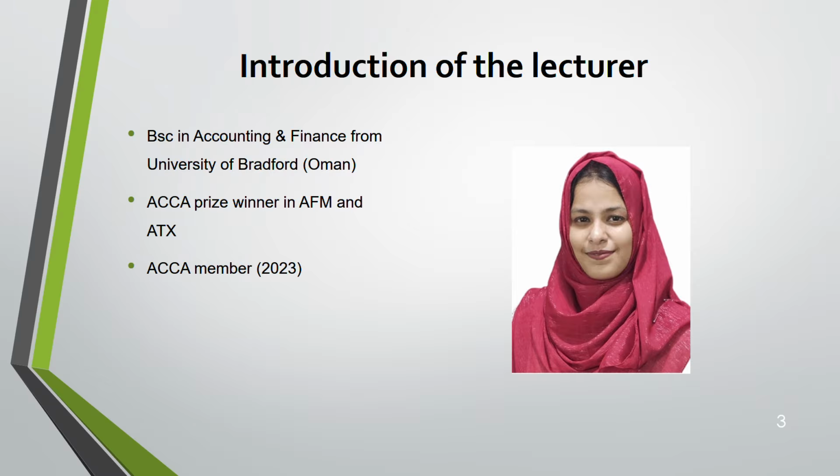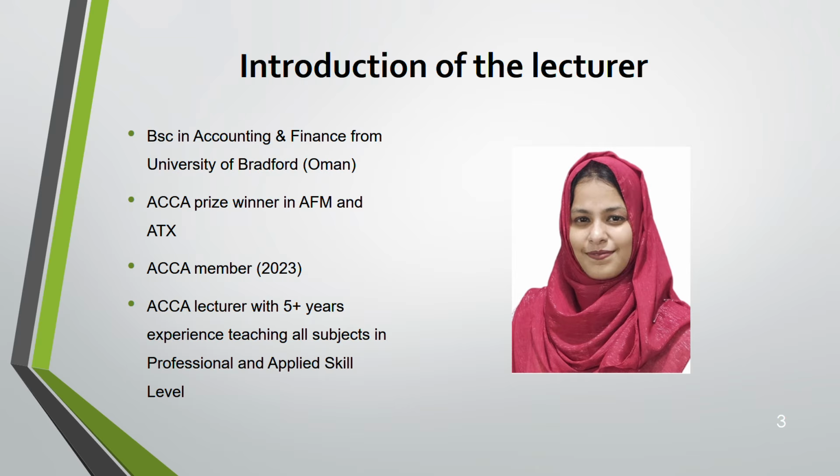And then I've become an ACCA member in 2023 with 3 years work experience. And finally, I'm an ACCA lecturer with 5+ years teaching all the ACCA subjects. Professional level papers, almost I've finished all the papers.